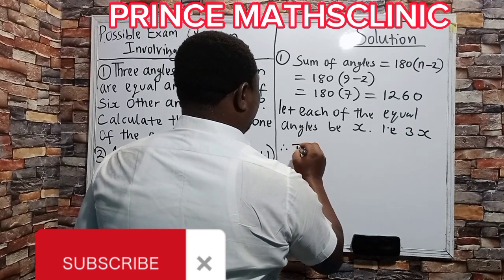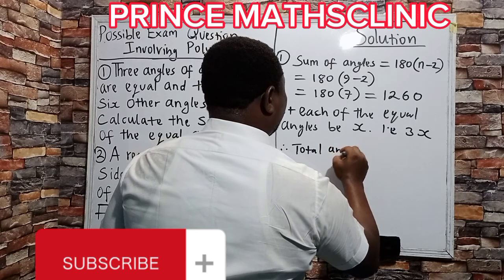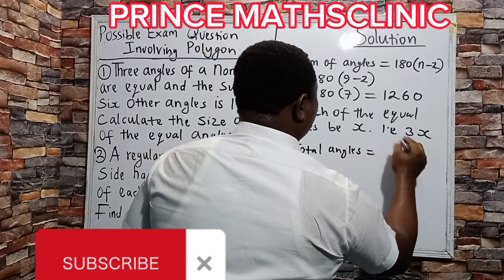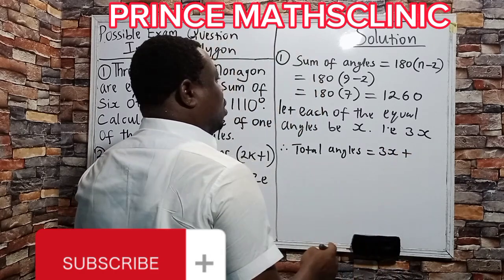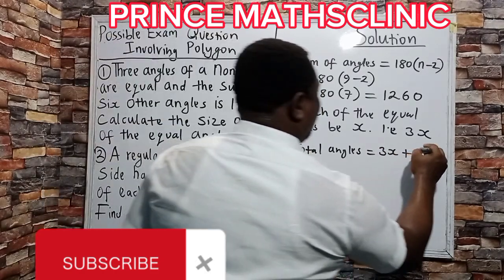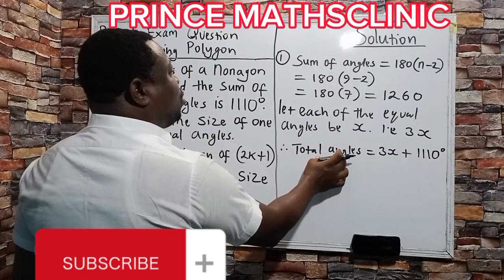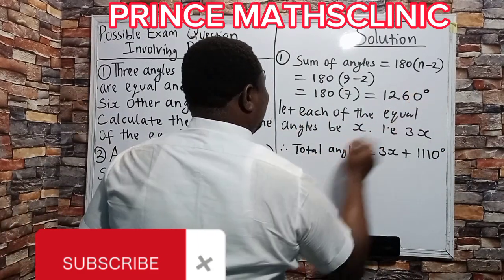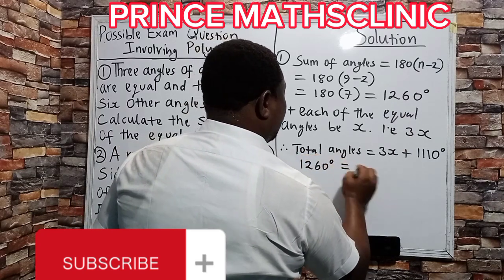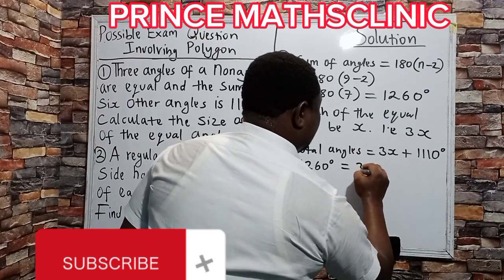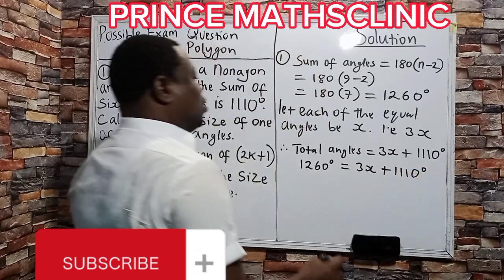Therefore, total angles equals to my 3x plus this 110 degrees. Sum of my total angles is 1260 degrees. So this is 3x, this is 110.